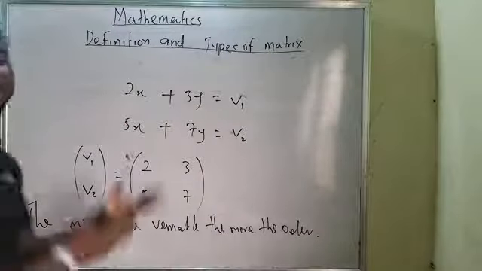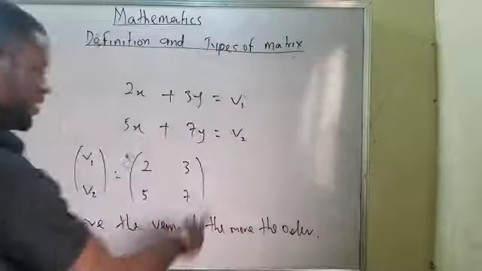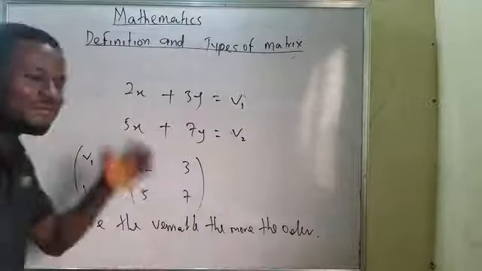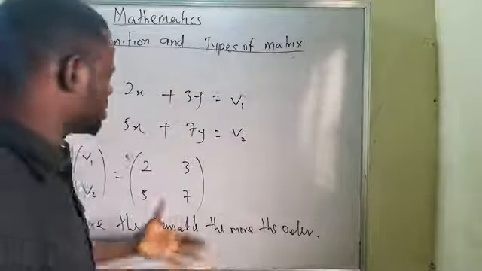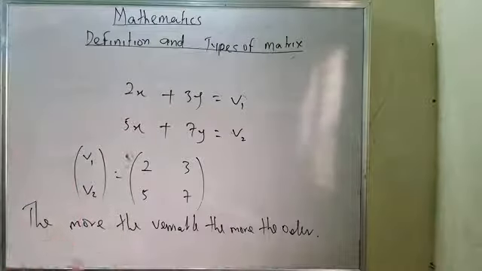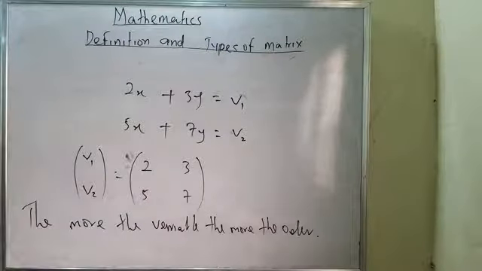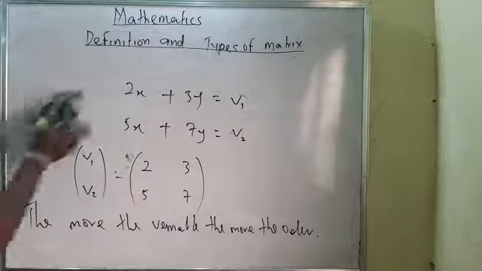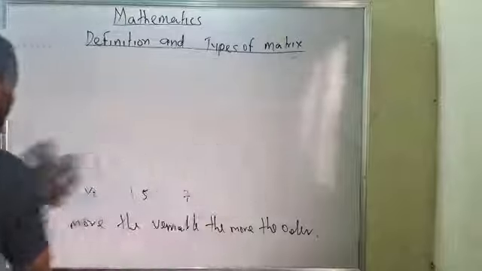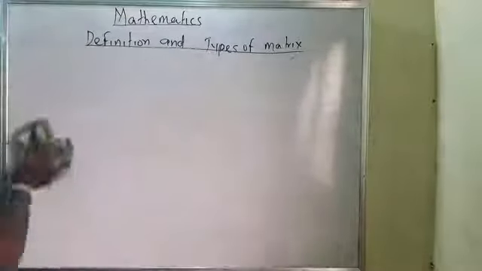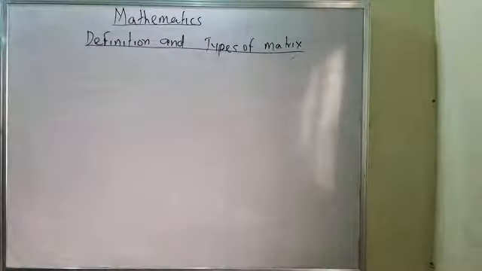That is what brings up matrix. When we have several equations with different variables, we have it in the form of a matrix. That is what you need to understand about matrix. That is very important.